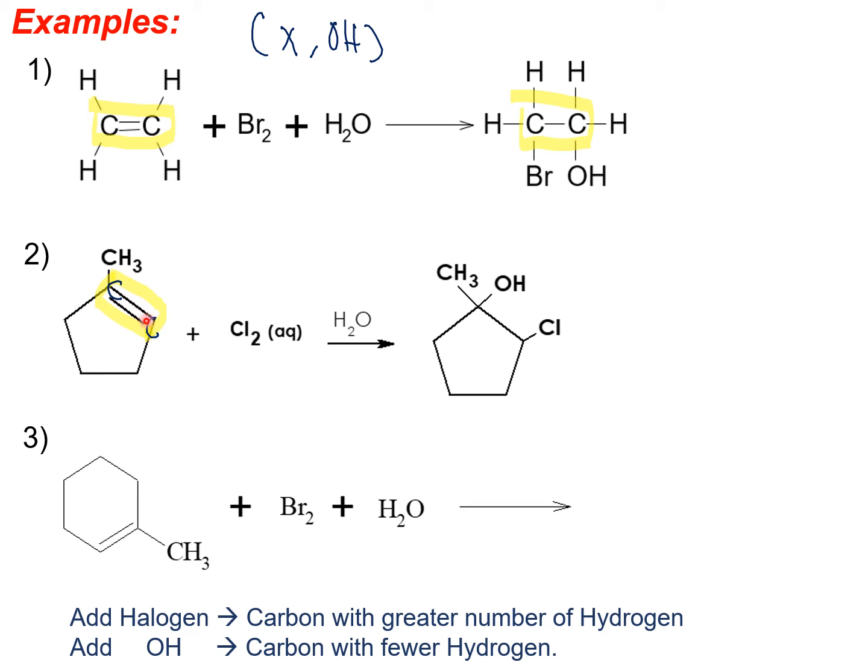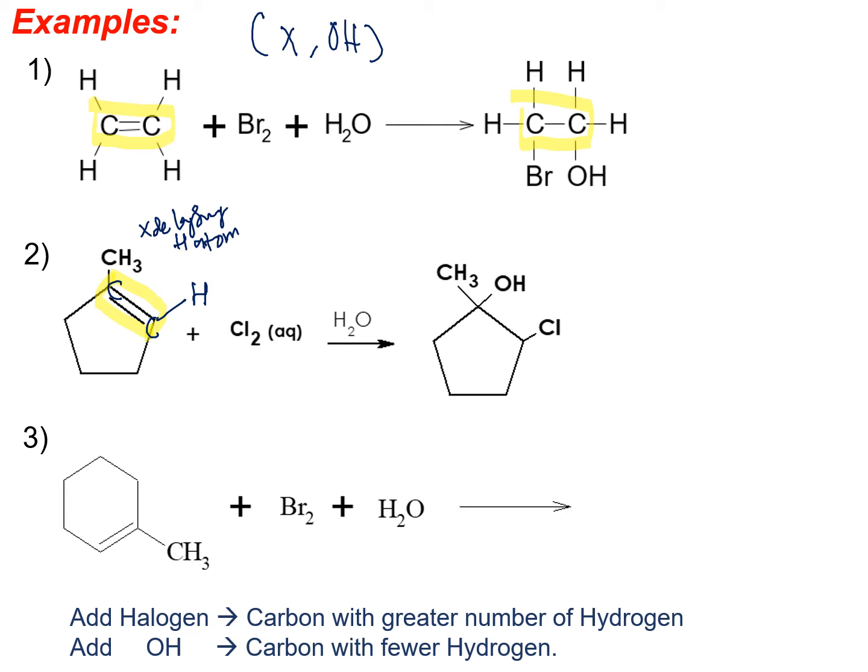This carbon 1, 2, 3, therefore covalent bond yang keempat adalah dengan hydrogen. So this carbon at least dia ada satu hydrogen atom. This carbon memang tak ada langsung hydrogen atom.